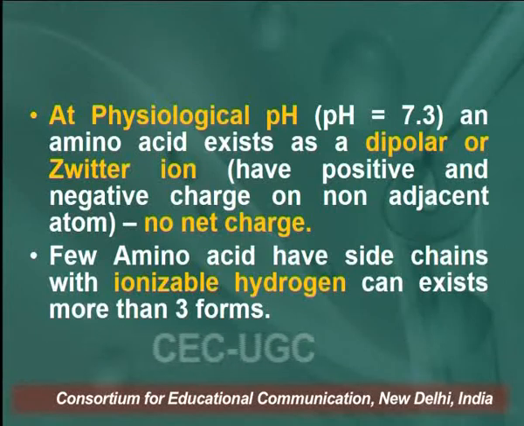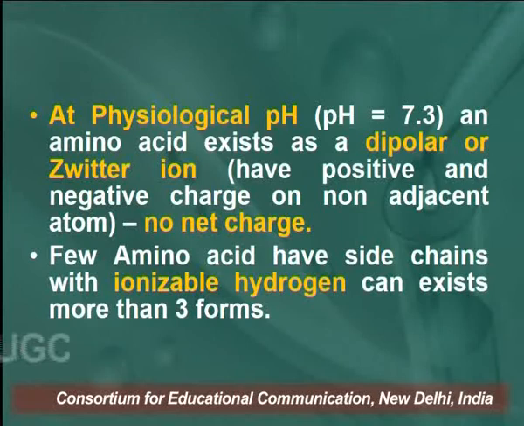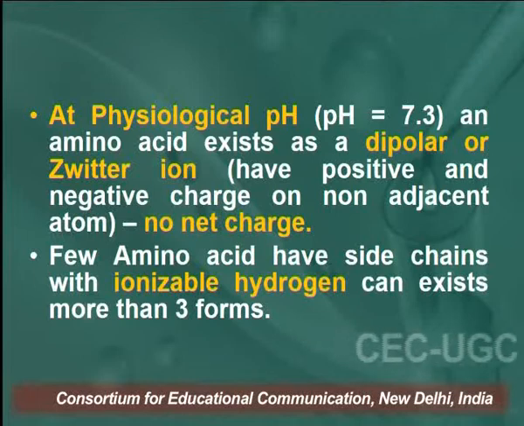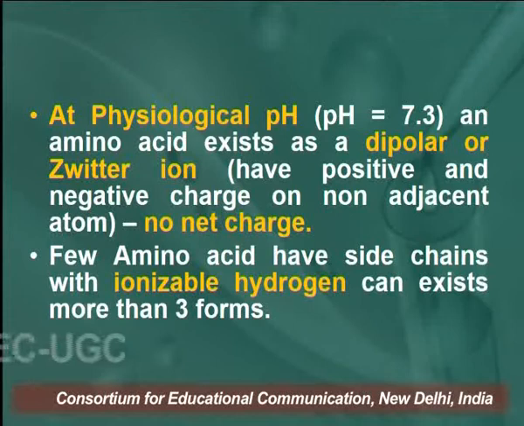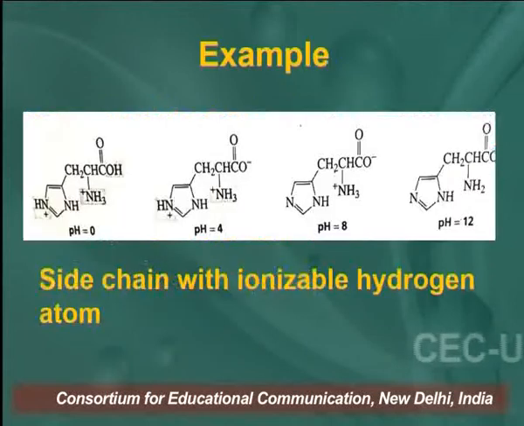Few amino acids have side chains with ionizable hydrogen, which can exist in more than 3 forms. This is a very important point you have to always remember, for example histidine. Histidine has an ionizable side chain, so in that case the amino acid can exist in more than 3 forms.